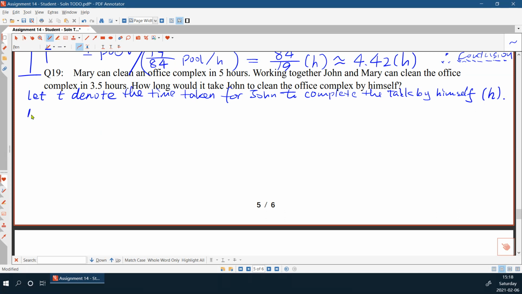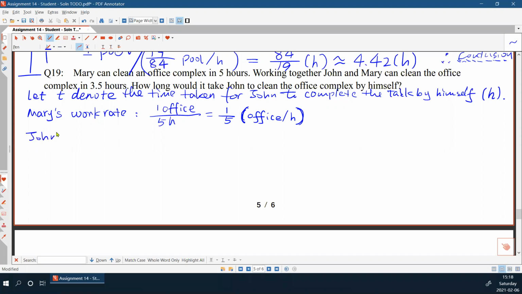So this time we know that Mary's work rate is 1 office over 5 hours, right? Because you know that Mary herself can clean one office in 5 hours. That means her work rate is 1/5 office per hour. This means for 1 hour, she can clean 1/5 of the office.